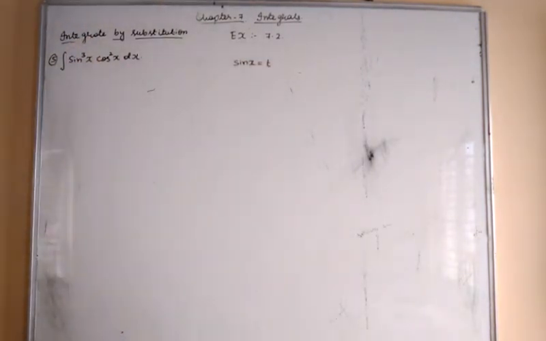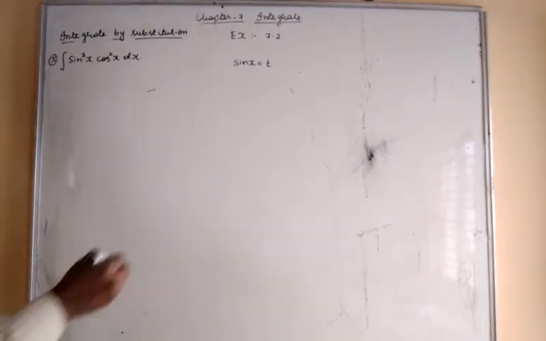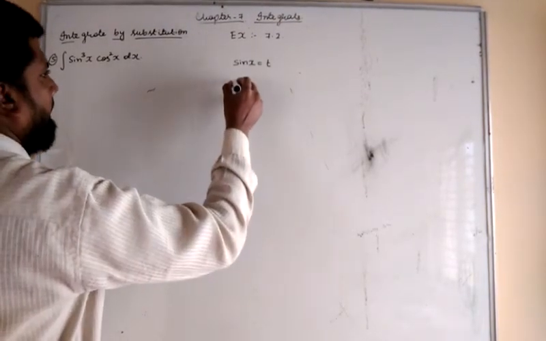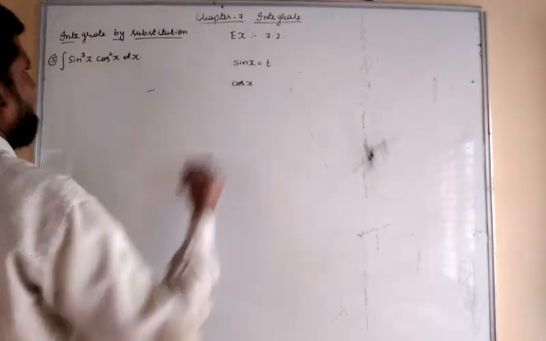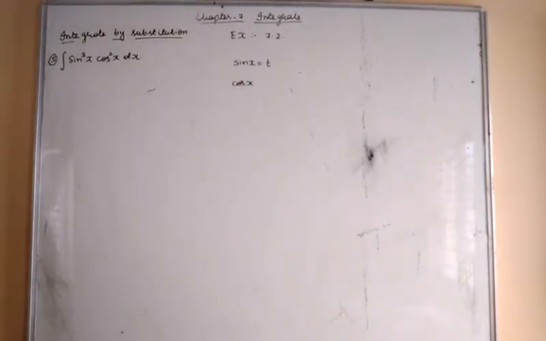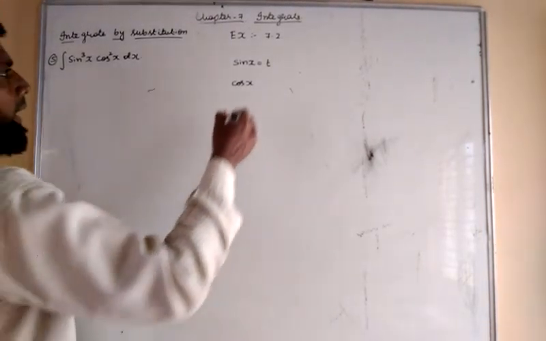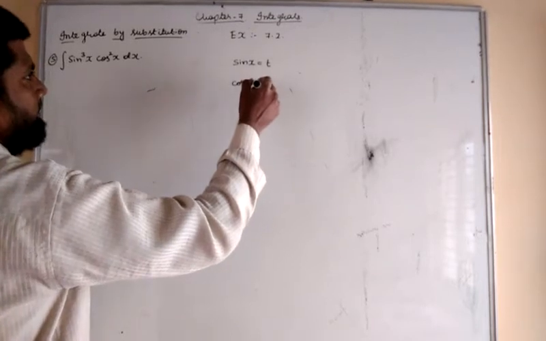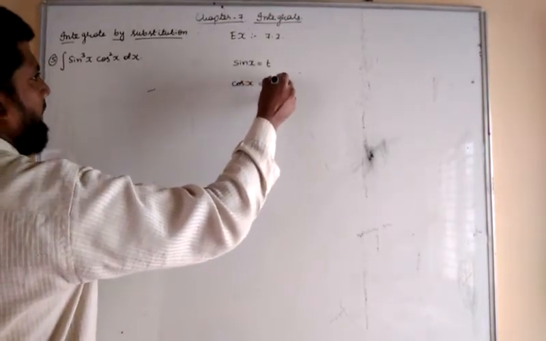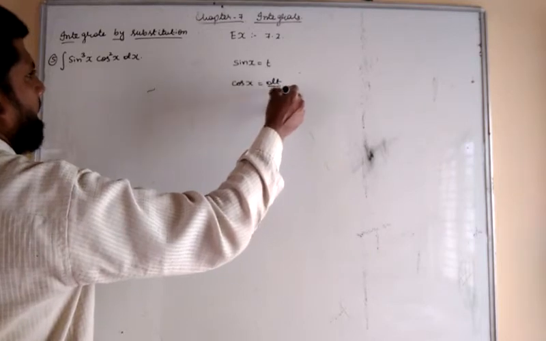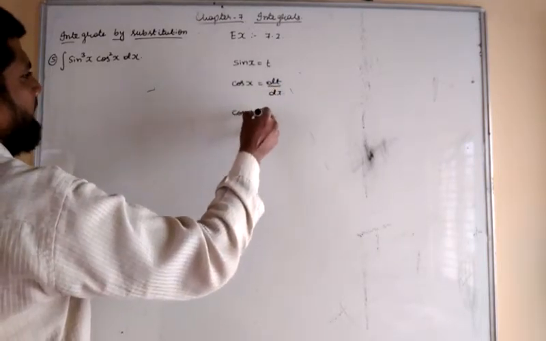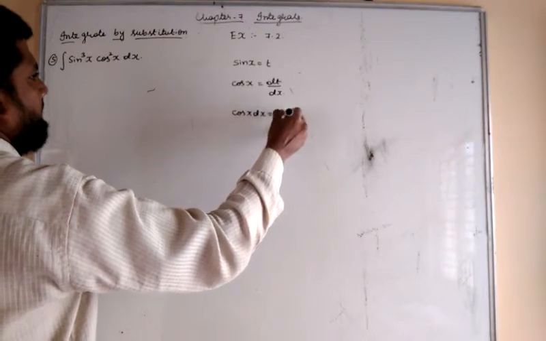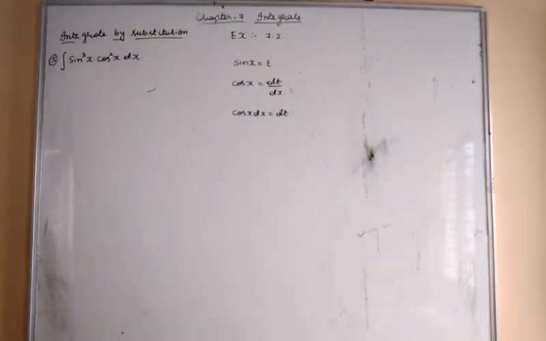The differentiation of sine is cos x, so cos x is equal to dt by dx. Then cos x dx is equal to dt. Something is wrong.